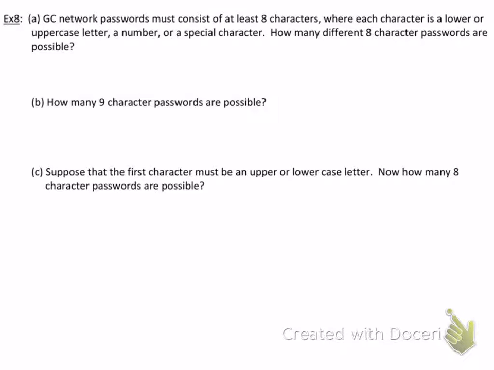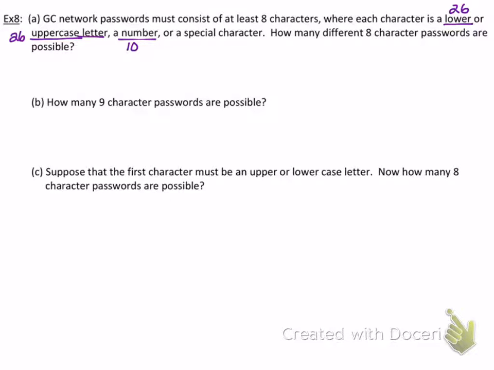A GC network password must contain at least 8 characters, where each character is a lower or uppercase letter, a number, or a special character. So let's start by saying we have 26 lowercase options and 26 uppercase options. Then it can be a number, and we have 10 digits that form a number, or a special character.